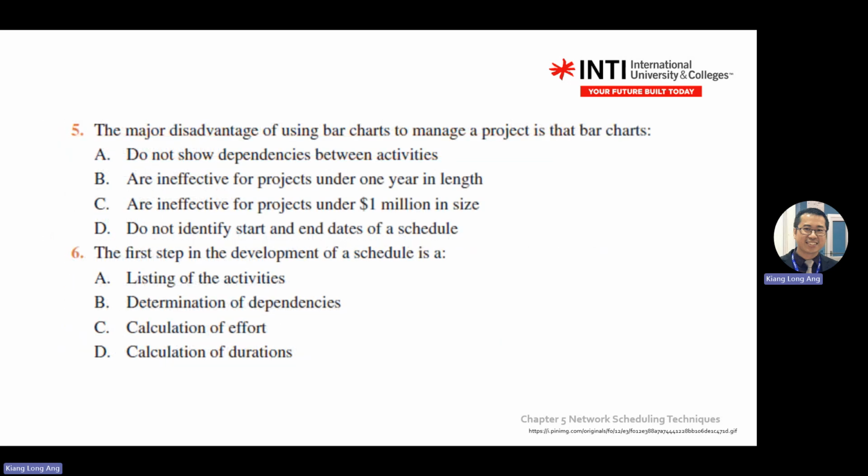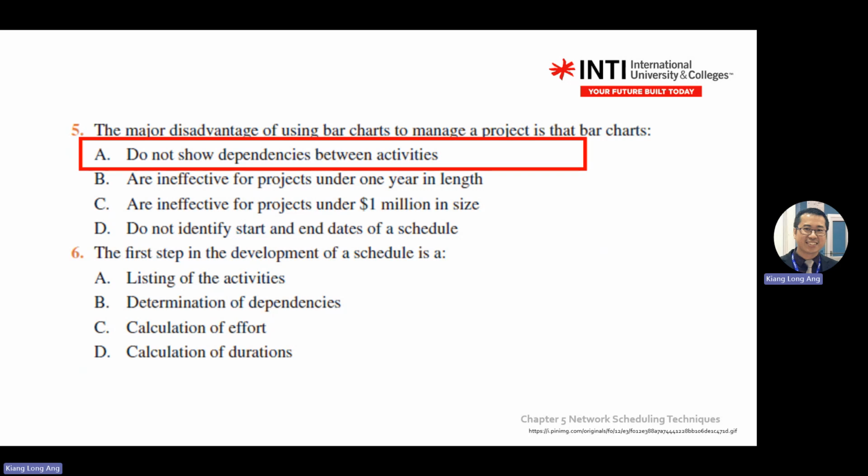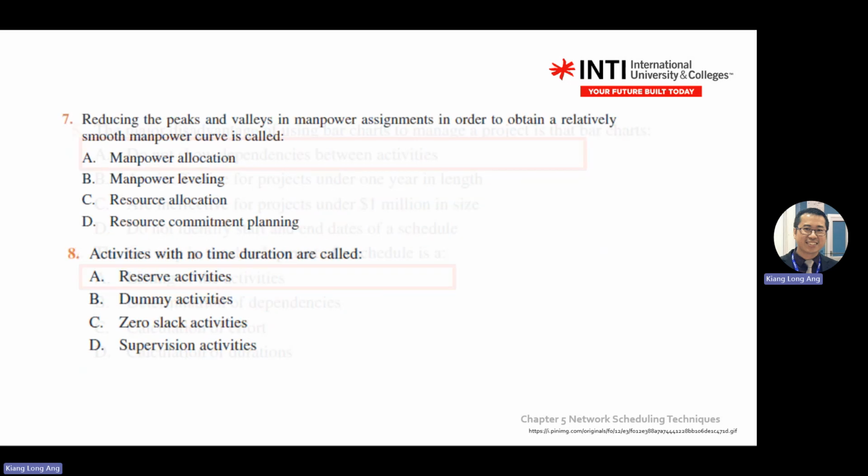Major disadvantages using bar chart is what? Very obvious, A. Cannot see the dependency. First step in developing a schedule is listing, list activities.